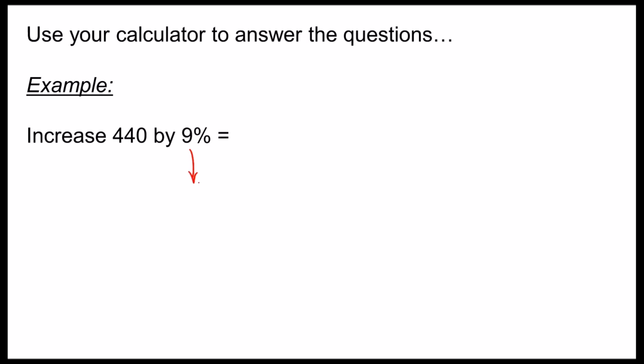I know that if I want to perform a 9% increase, that means I've got 100% plus another 9%, which gives me 109% in total. As a multiplier, that's going to be 1.09. I want to times this by the amount that I'm trying to increase, which is 440, and I can then use my calculator to get an answer.